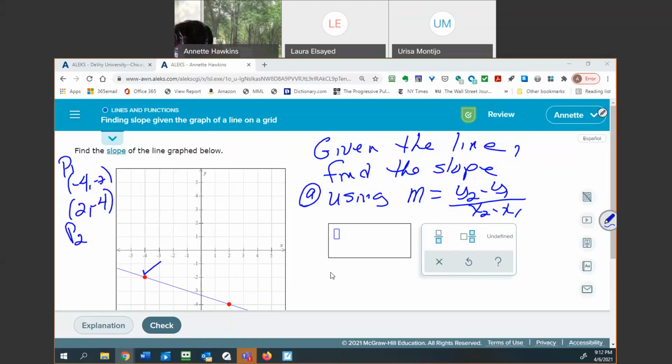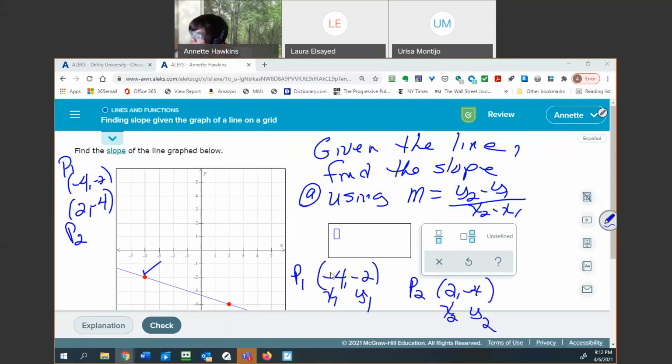So let's look at point 1. So if this is point 1, this is x sub 1, this is y sub 1. All right, this is point 2. So this is x sub 2, y sub 2. Any questions about that?